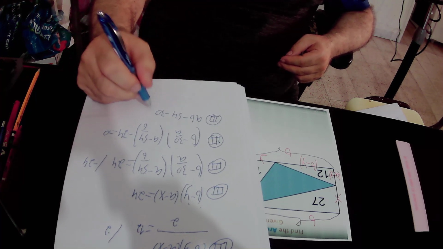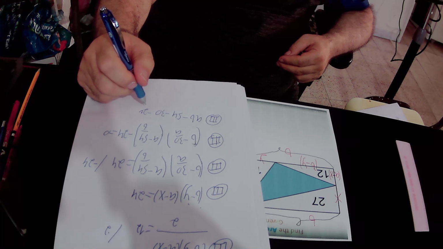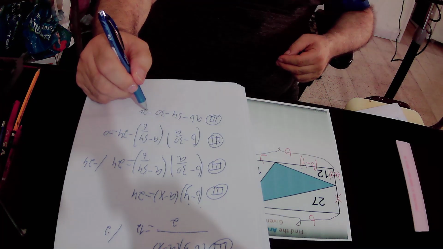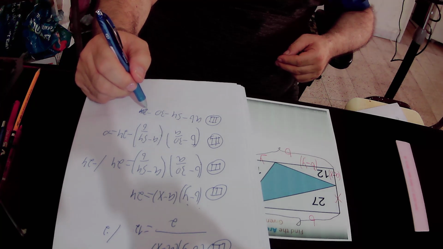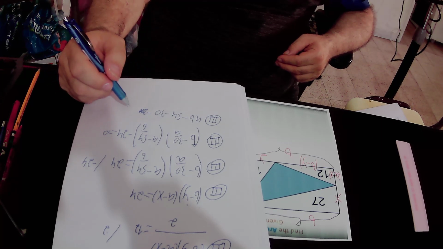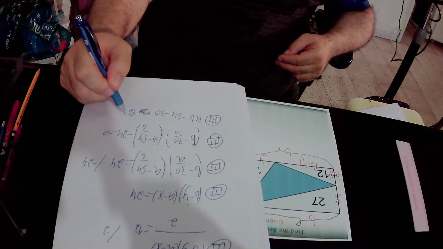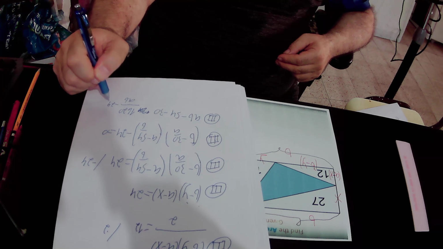Negative 30 over a times negative 54 over b equals positive 1620 over AB, minus 24 equals 0.